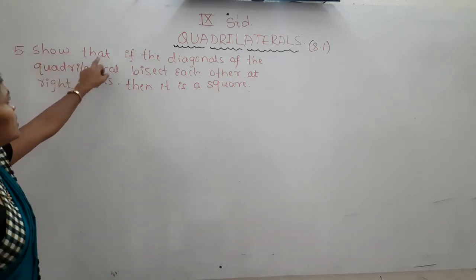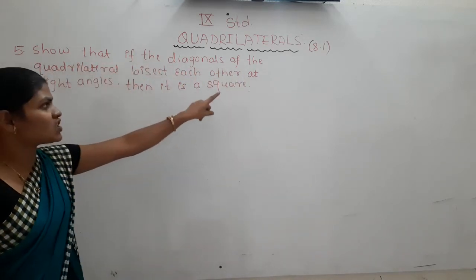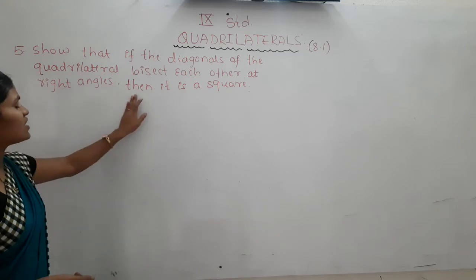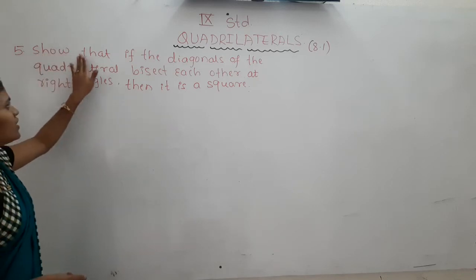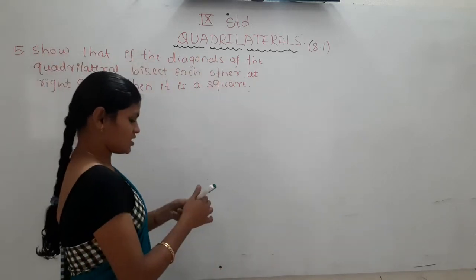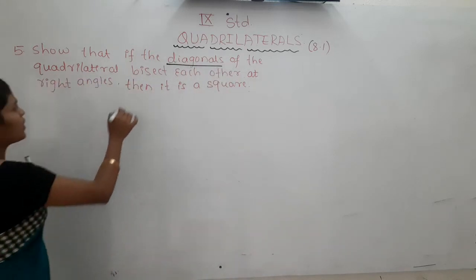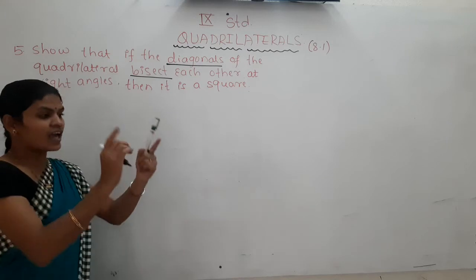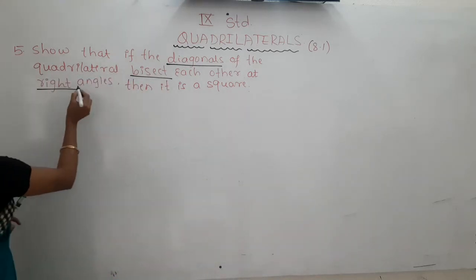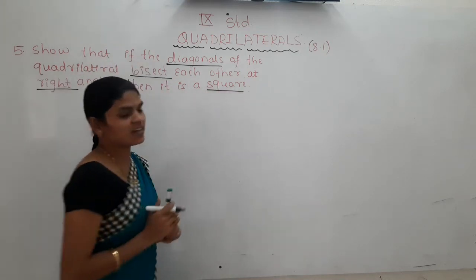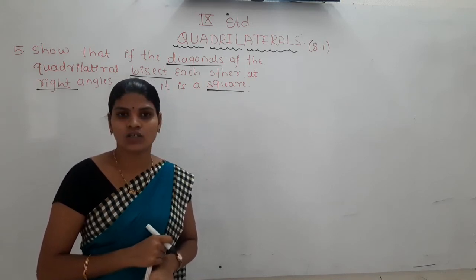If the diagonals of a quadrilateral bisect each other at right angles, then it is a square. Just remember last day's fourth question.